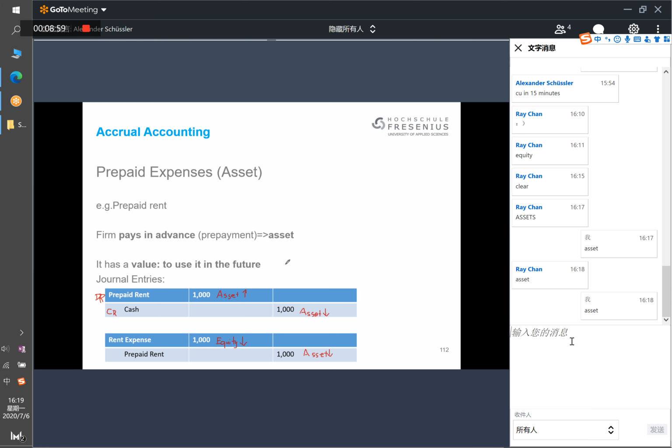By the way, this is the accounting equation. Assets equals equity plus liabilities. So for the first journal entry, we have one asset up, one asset down. For the second journal entry, we have one asset down and equity down.